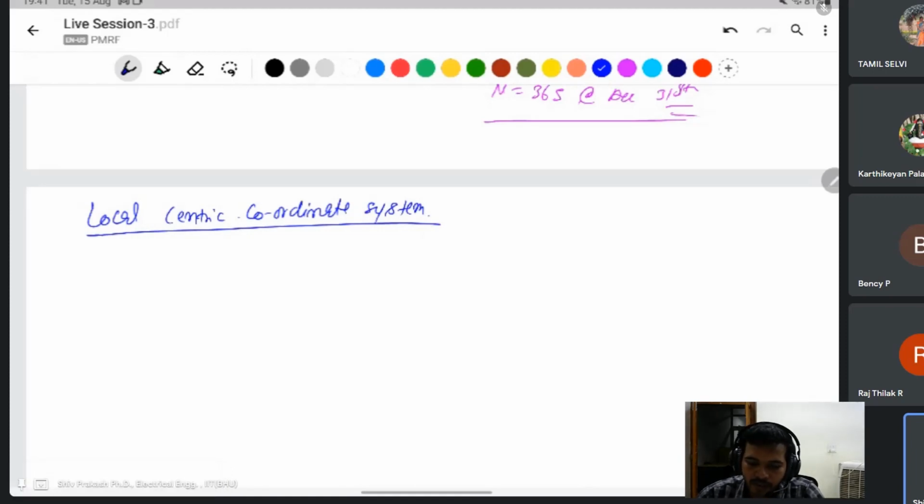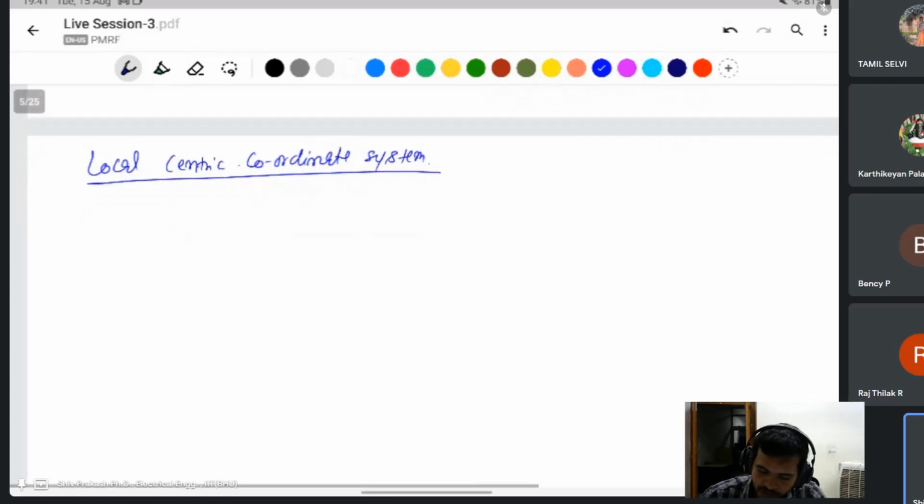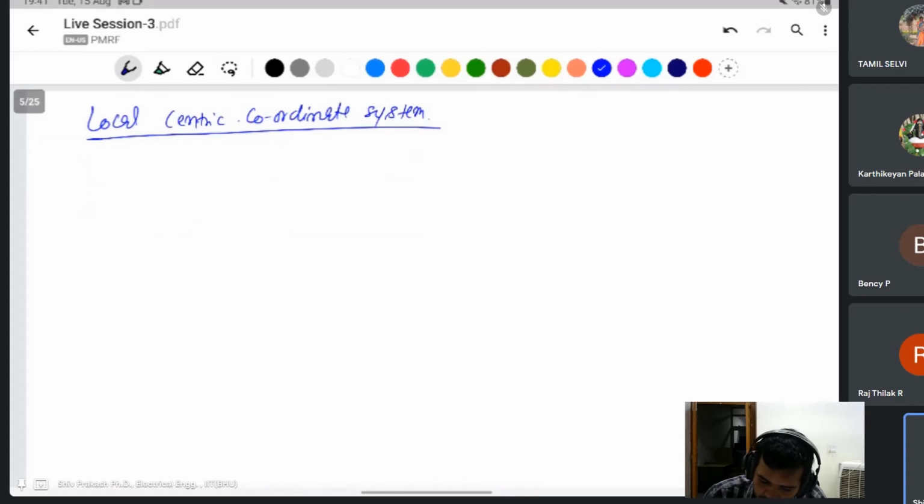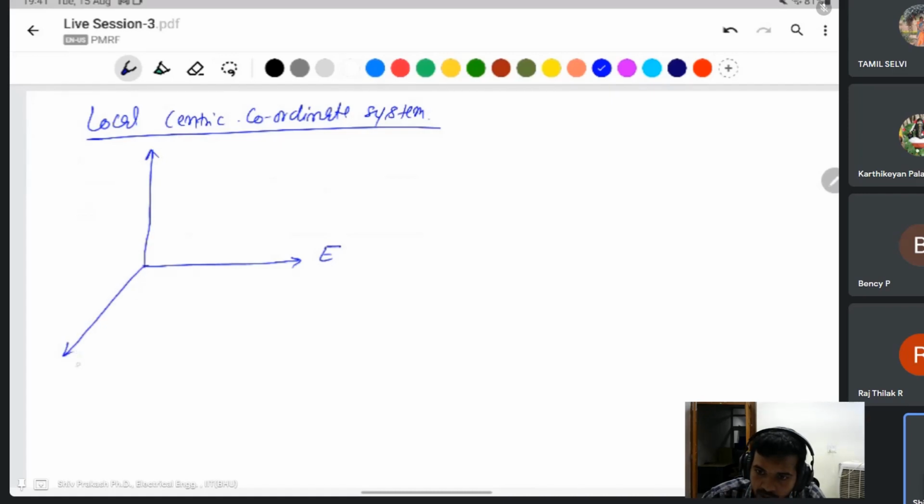I am defining two different coordinate systems. The first is the local centric coordinate system, at the top of the surface of the earth, and the other is defined at the center of the earth. The first follows the local coordinate system. I'll take this one as the east, this one as the zenith axis, and the other axis is the south axis.